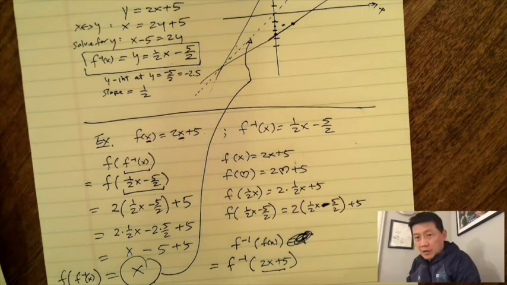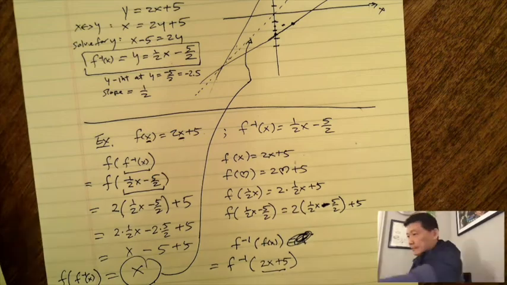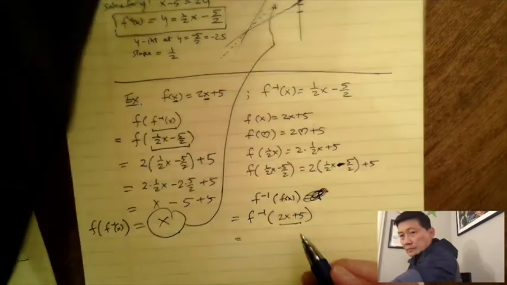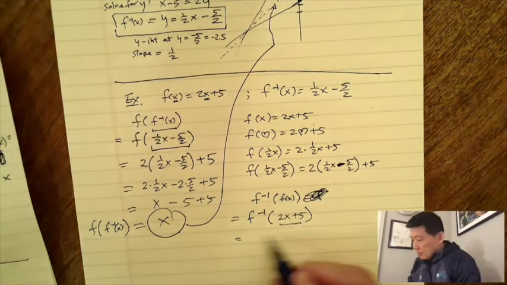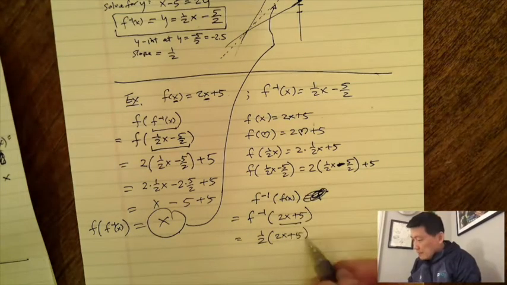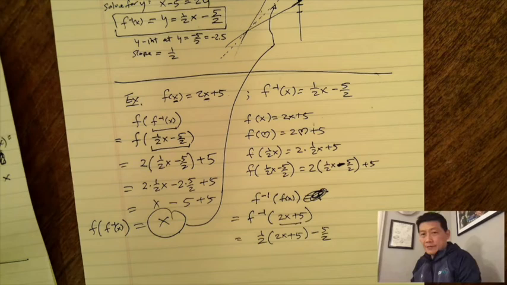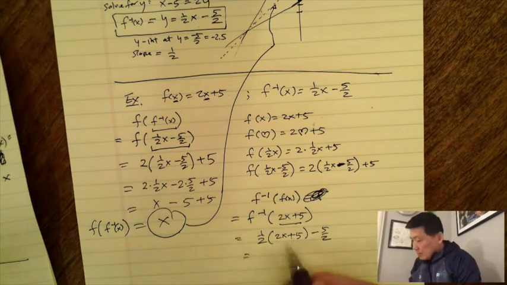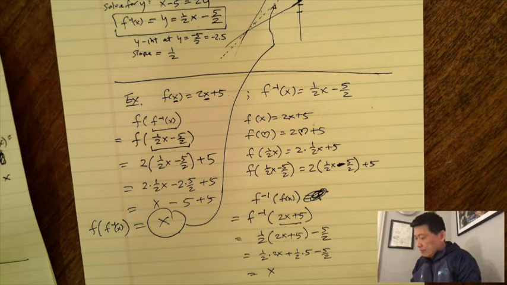So that becomes 1/2 times 2x plus 5 minus 5 halves. Applying this, 1/2 times 2x plus 1/2 times 5 minus 5 halves. I get x plus 5 halves minus 5 halves. What's the answer? X.